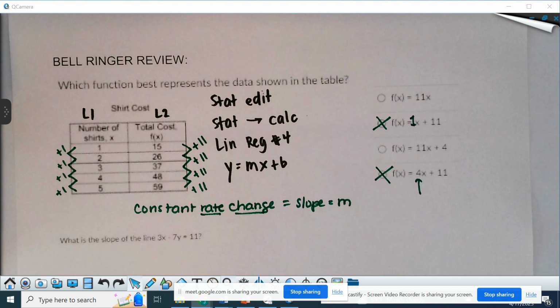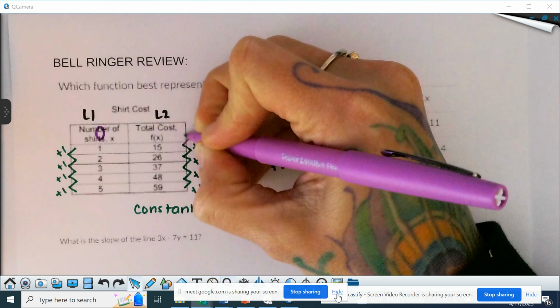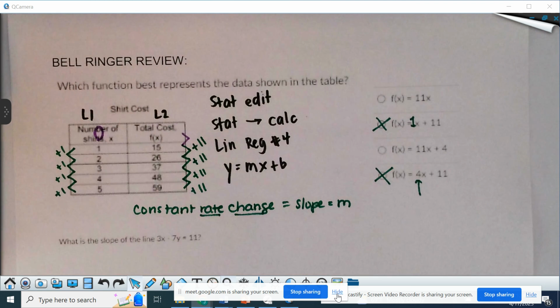Now, if we go backwards, that would get us to where this would be 0. And if I go back 11, so subtract 11, what's 15 minus 11?